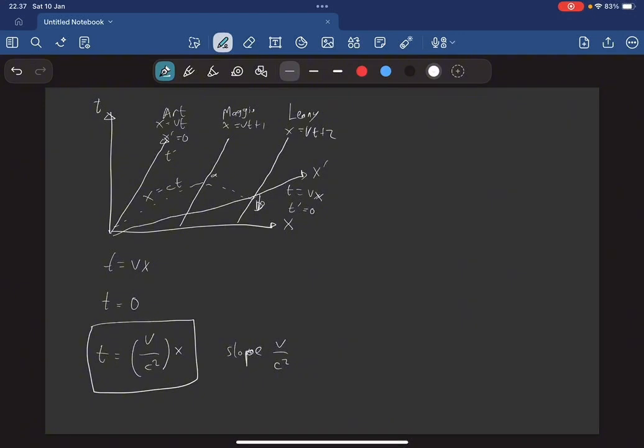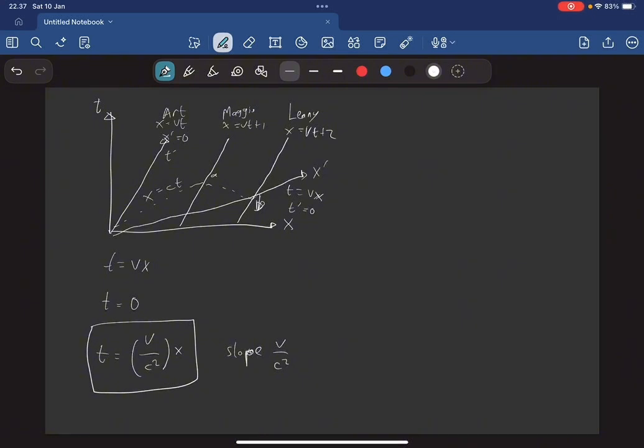This is an example of the fact that Einstein's description of space-time reduces to Newton's if the relative velocity of the reference frames is much less than the speed of light. This is, of course, an important sanity check. Now, we can return to relativistic units with c equals 1.